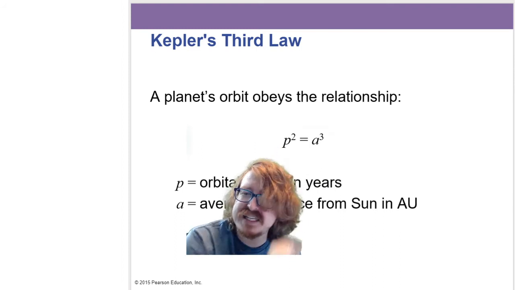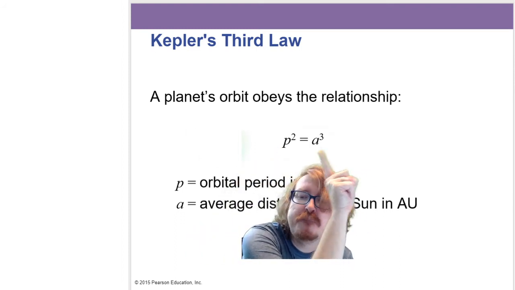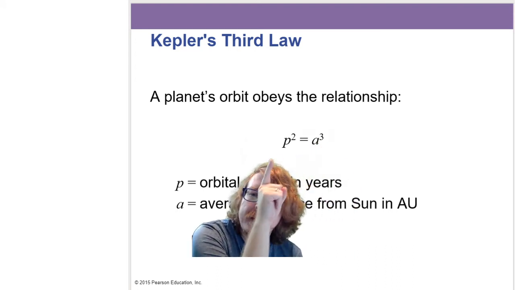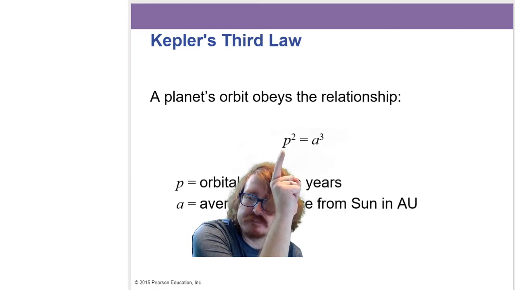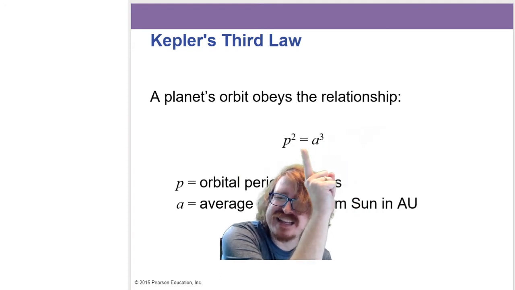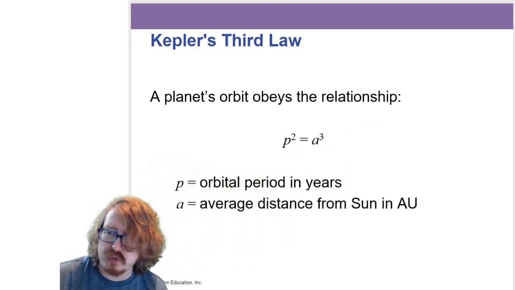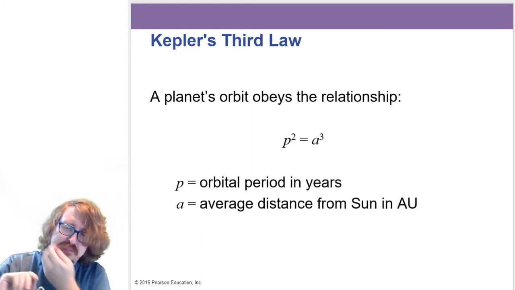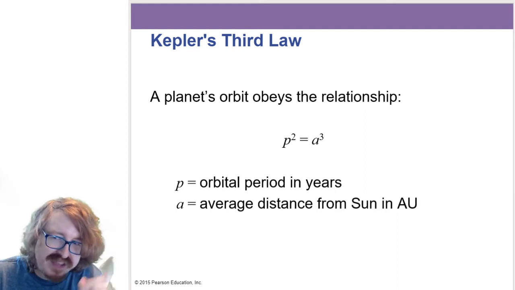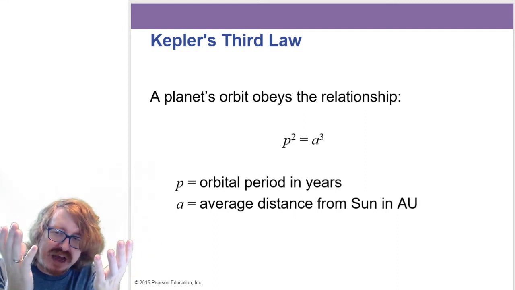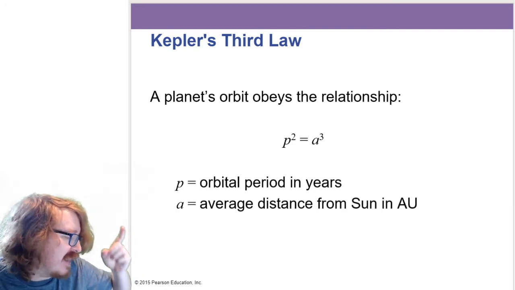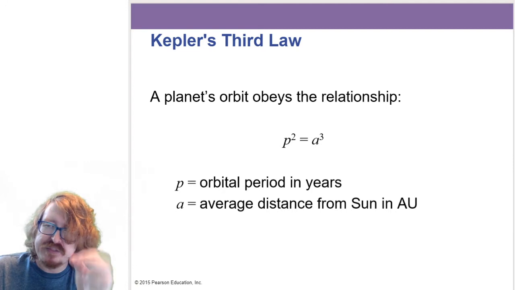So one of the things this law is saying is that if you've got a bigger orbit, it takes more time for that planet to go around the sun. Some people are doing some calculations down there. Don't worry about doing any calculations right now. So one thing that this law is saying is bigger orbits take more time, smaller orbits take less time. Is that surprising? No. But there's one other more important thing that this law is saying.